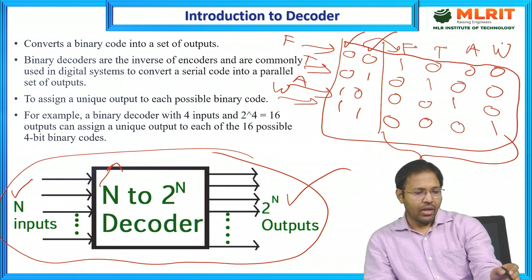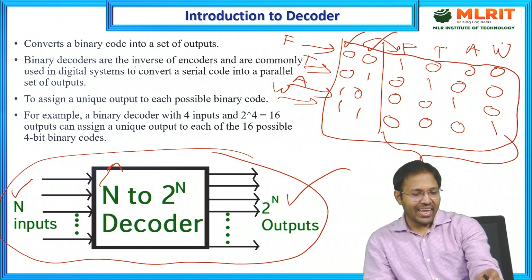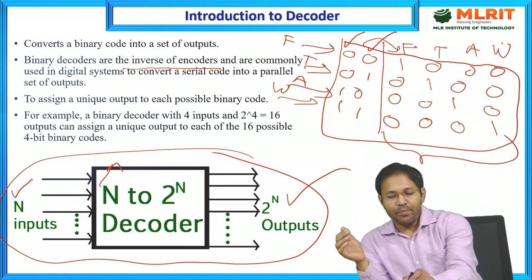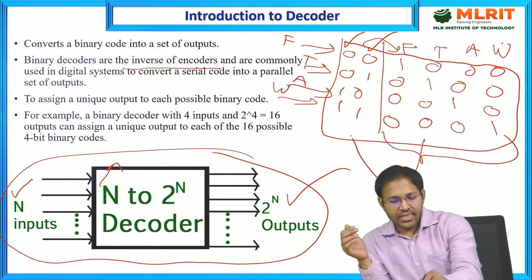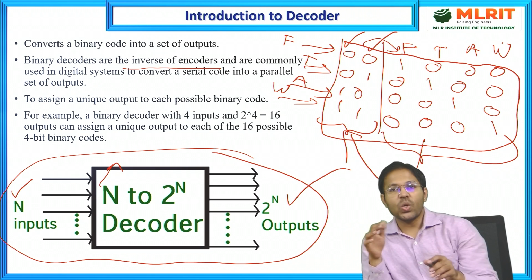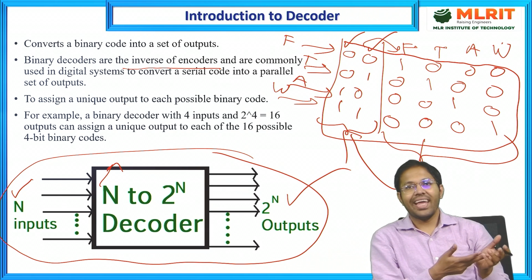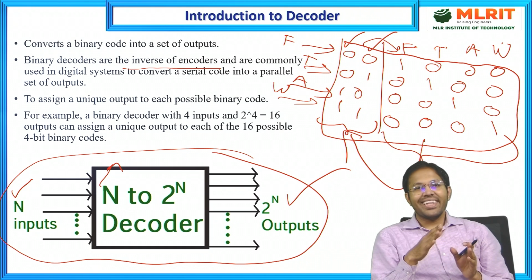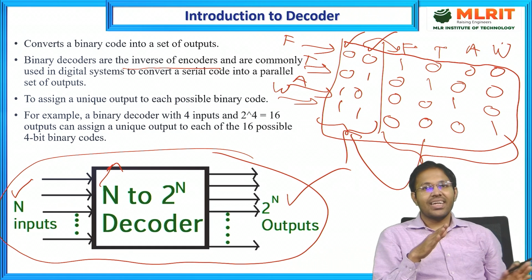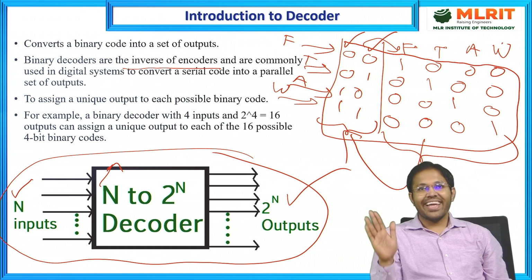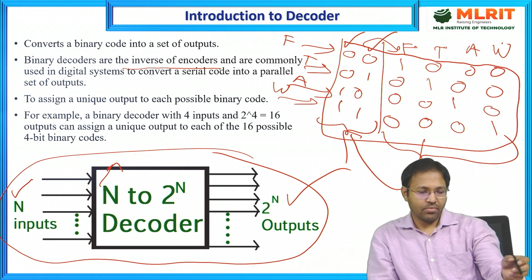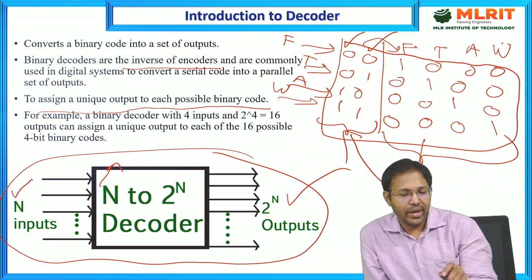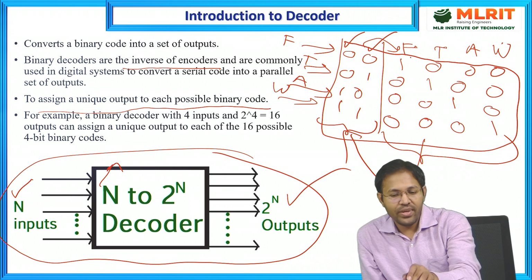Binary decoders are the inverse of encoders. The input for the encoder will be this, and the output for the encoder will be what you have on the LHS. So, the process the decoder does is the reverse of the process the encoder does, to assign a unique output to each possible binary code. Why a unique output?